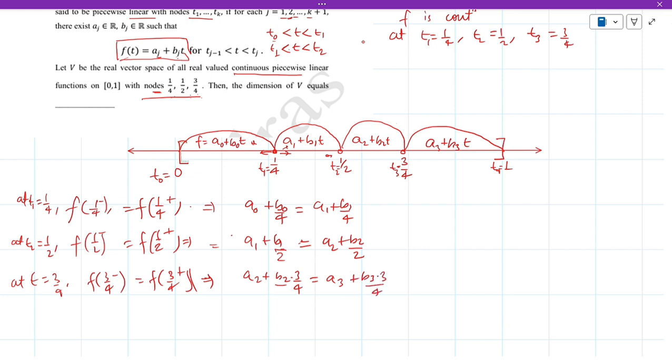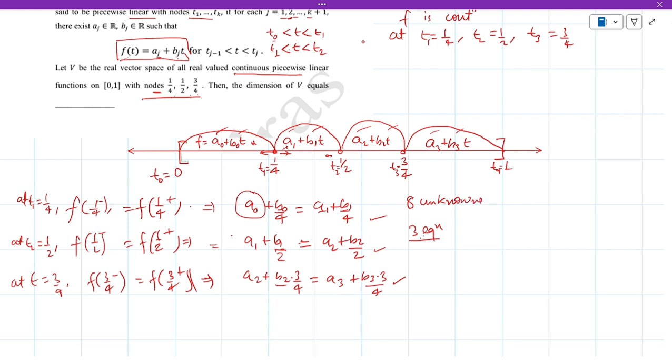So we have 3 equations, right? And how many unknowns? Suppose a0, b0, a1, b1, a2, b2, a3, b3. Total 8 unknowns, and 3 equations, which means we have a restriction of 3 over 8, right?